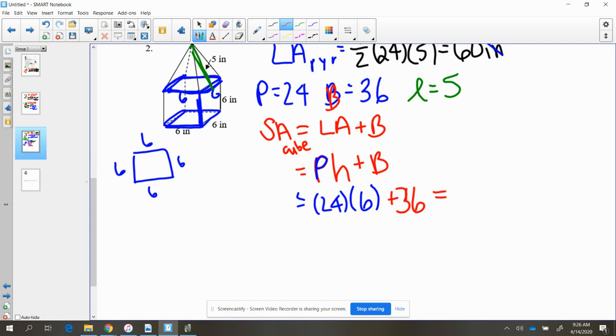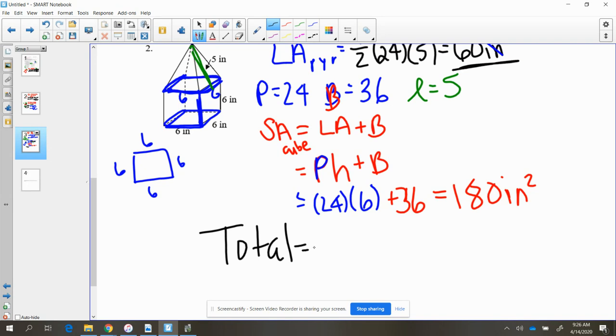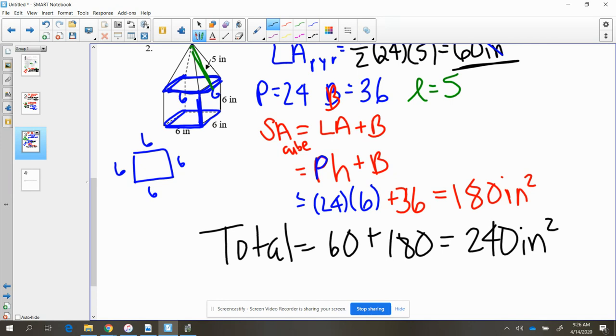So our total area then for the cube is going to be 180 square inches. And finally, the total composite area is going to be found by taking the 60 inches we had up above plus the 180 for a total then of 240 square inches.